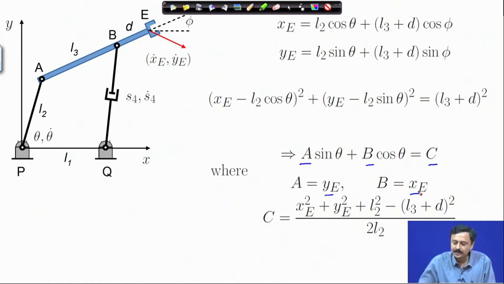You can interpret this as, given xe and ye, an equation from where we can solve for theta.